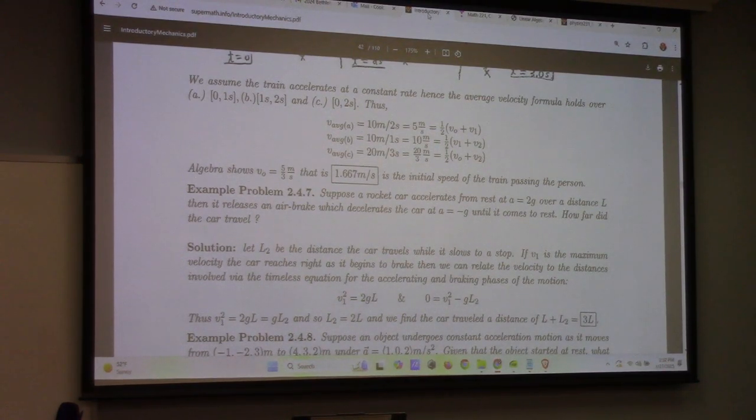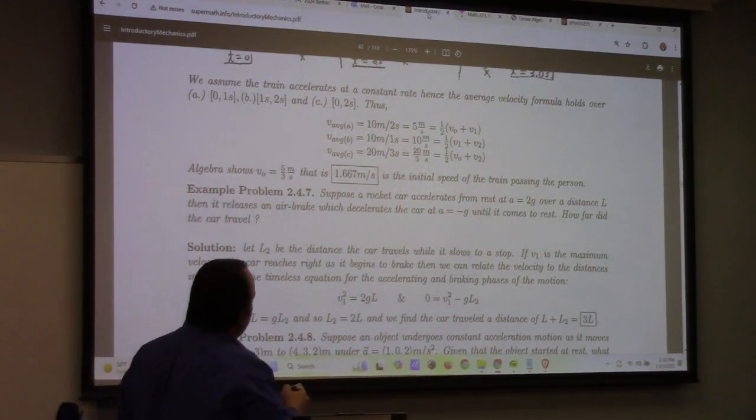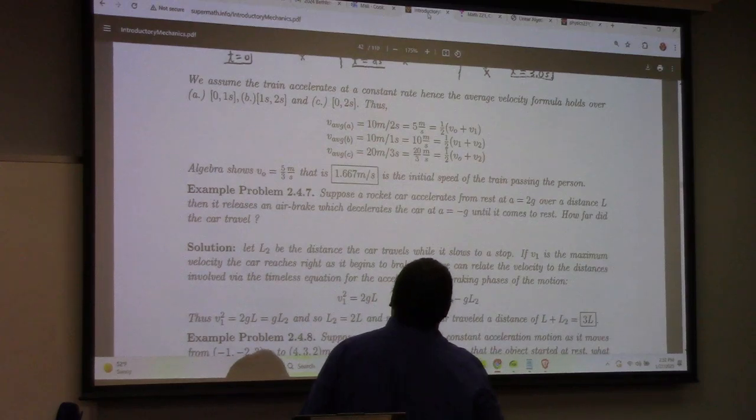Then what happens? It's decelerating, so we have the initial velocity is 0. This velocity I'm going to call v1. And it decelerates at minus g until it comes to rest.